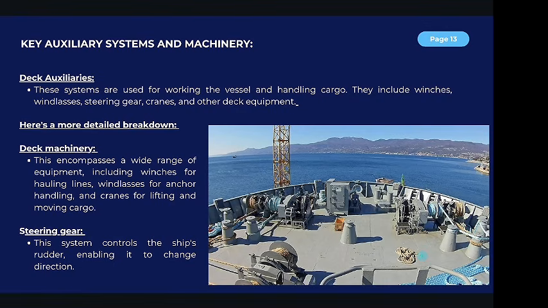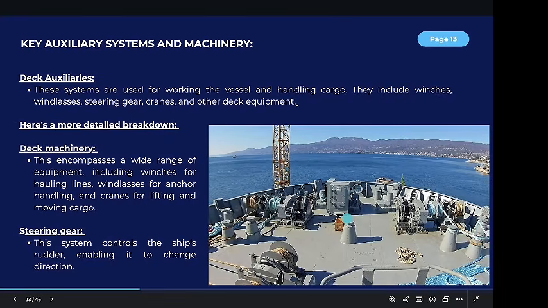Regarding the deck auxiliaries, the purpose, like what I said, is cargo handling. The maneuvering, like the steering gear, is essential for controlling the ship's direction.